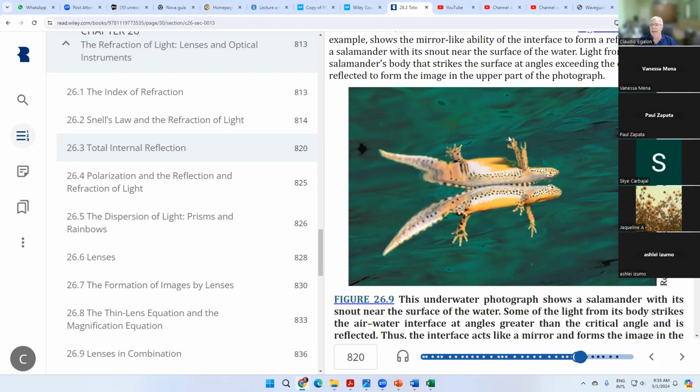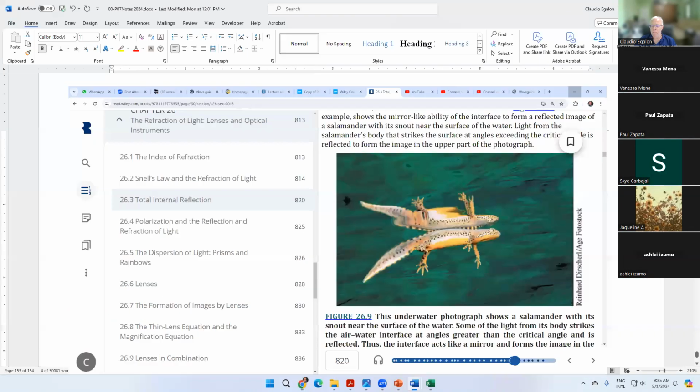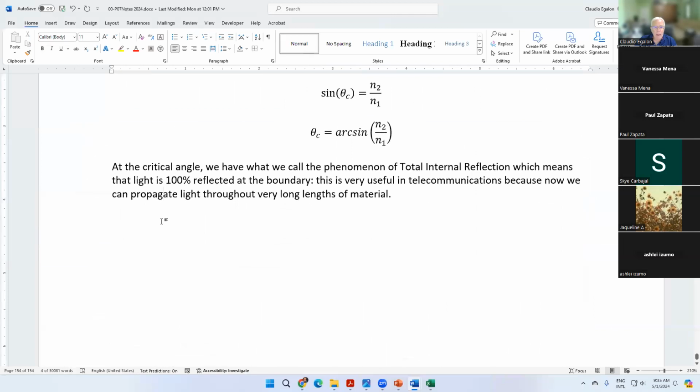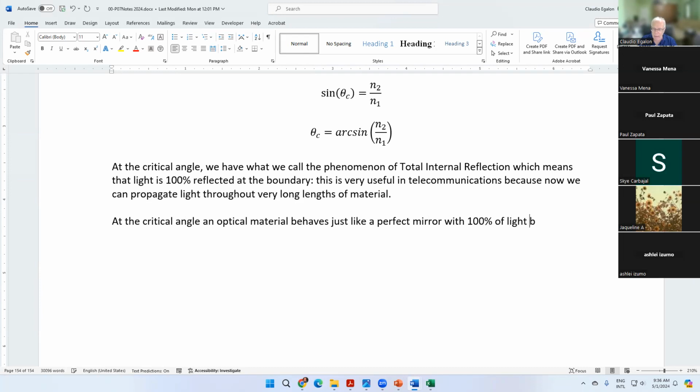So it behaves just like a mirror. At the critical angle, an optical material behaves just like a perfect mirror, with 100% of light being reflected.